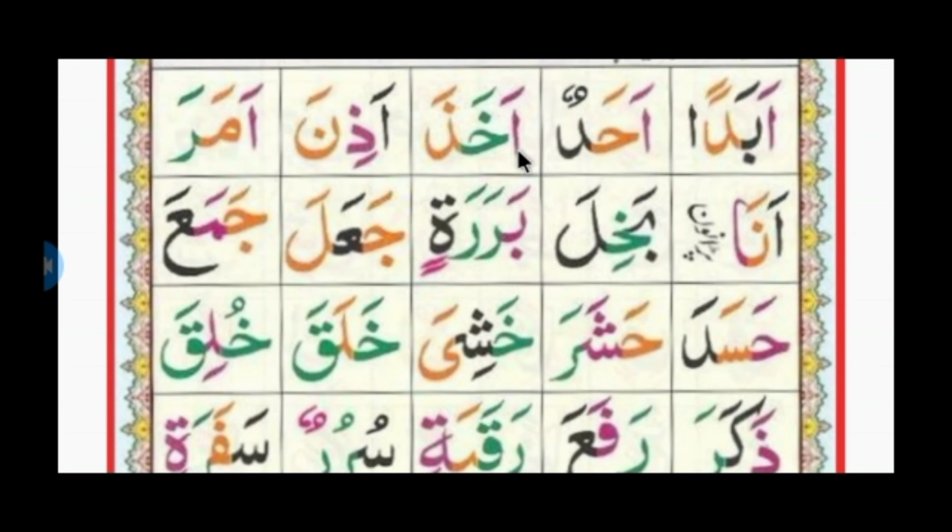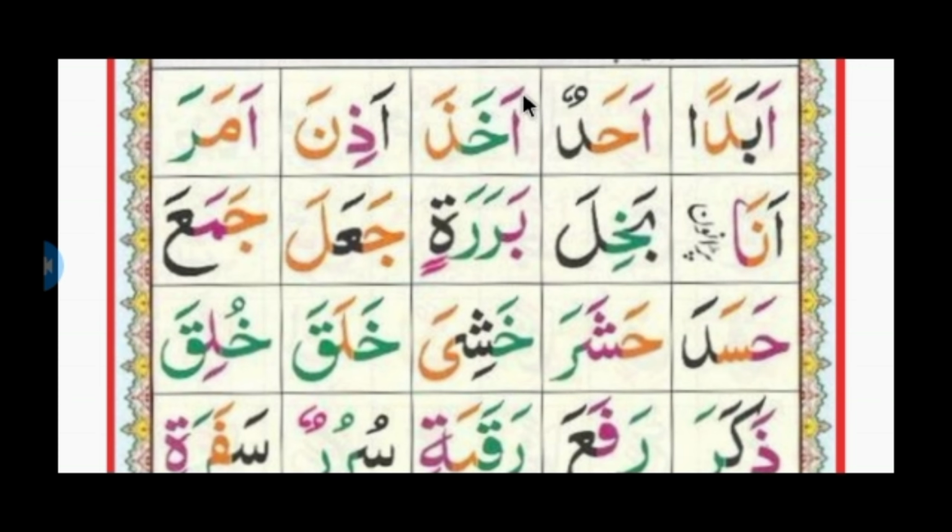Let's read again. Hamza Fatha A, Kha Fatha Kha, Dhal Fatha Dha, Akhadha. Now the rules. This is Alif, and Alif has Fatha, so we will read this Hamza.